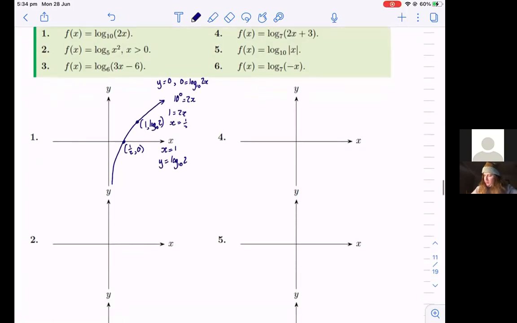If we do log base 5 of x squared, this time it's still going to kind of look like that because we're not putting anything too accurate in. Let's find our intercepts. So we're going to have 5 to the 0 equals x squared. So 1 equals x squared, x equals plus minus 1. Oh, but we can't have the negatives.